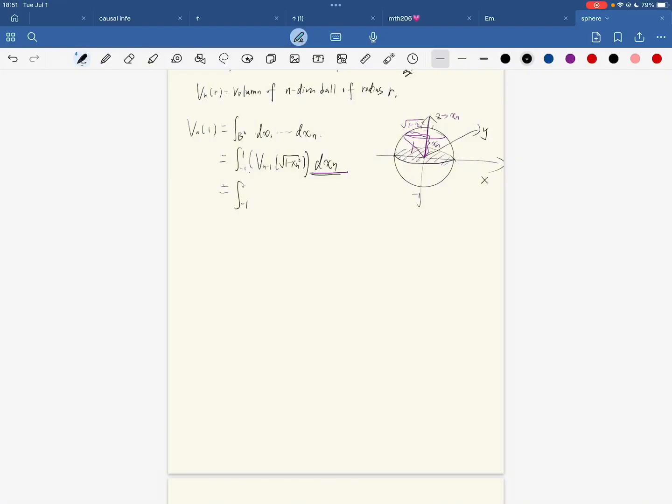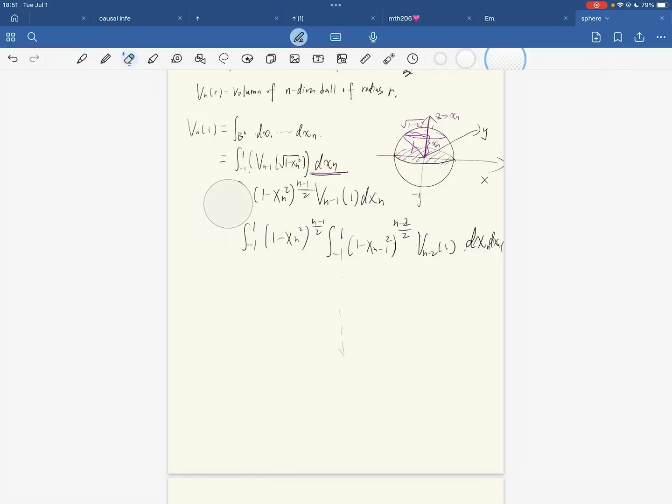So we know this, and we could continue to write it as, but this method is actually a little bit complicated, so we need to find a more general iteration method.